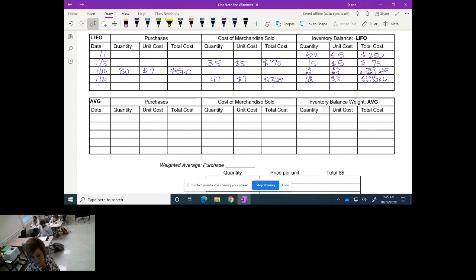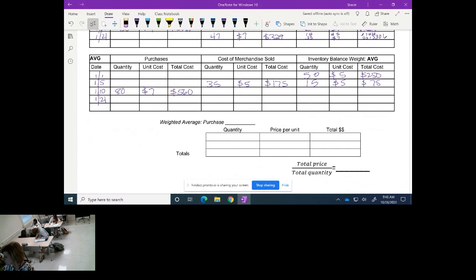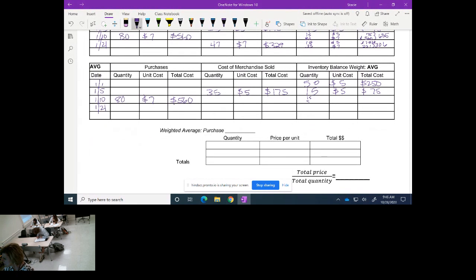Okay, last one. Honestly, you can copy everything down for the first three transactions.